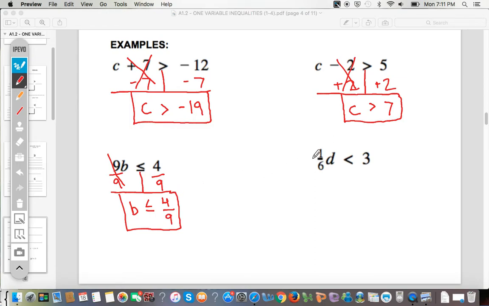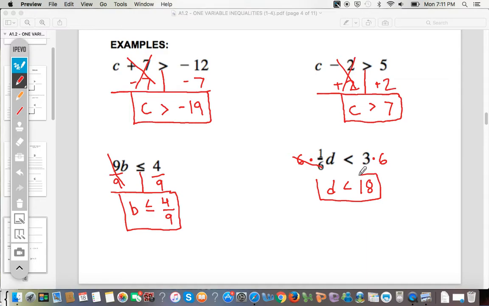Okay. In this example right here, we have a fraction multiplied by our variable. So I'll multiply by 6 on this side, multiply by 6 on this side. Our 6's cancel, so I'm left with d is less than 18.